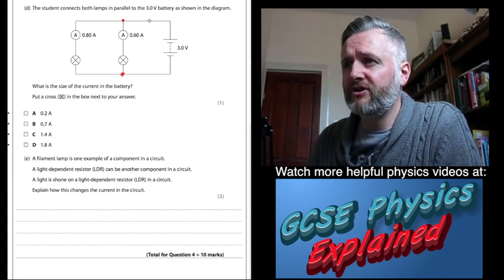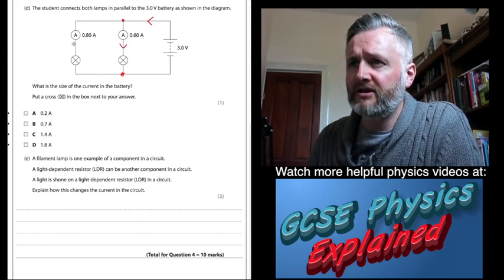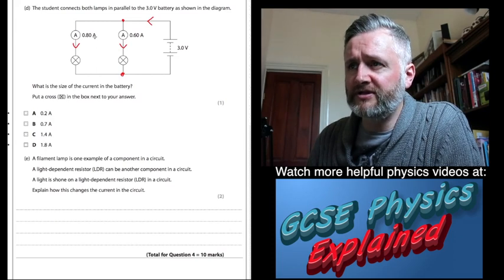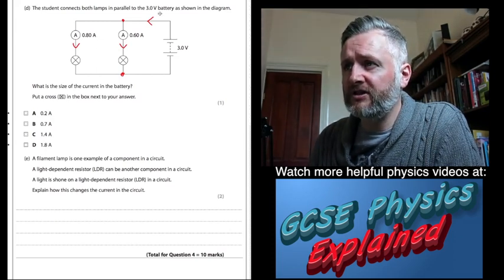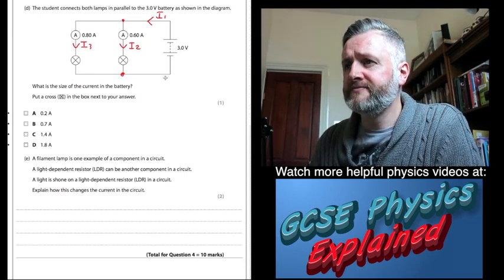So what's happening is the current's coming along here, and some of it's splitting off this way. 0.6 amps is coming down here, and 0.8 amps is going down there. So if I call that I1, so current 1, I'll call that I2, current 2, and I'll call that I3, current 3.